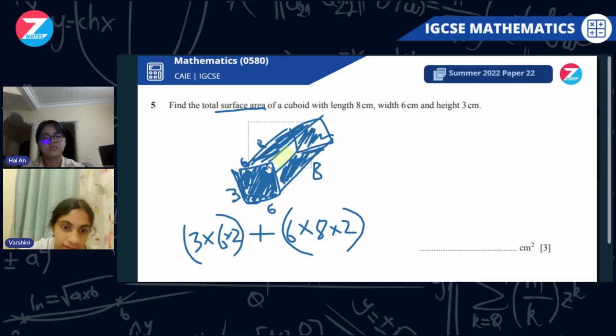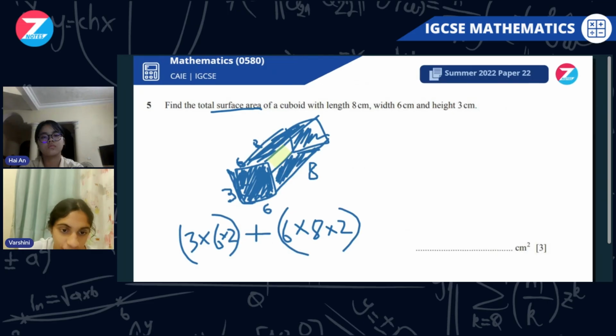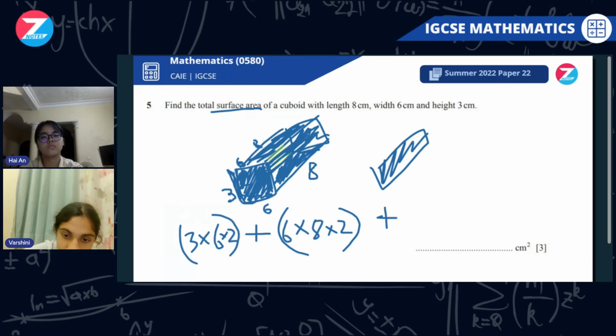It's a little difficult to draw, but over here, this face. So, in a sense, this face on both sides. So that would be 8 into 3 into 2. So plus 8 into 3 into 2.